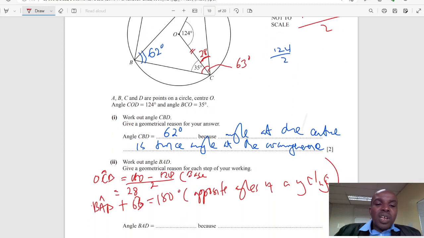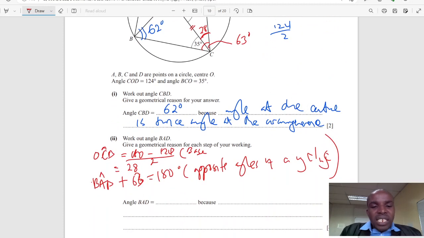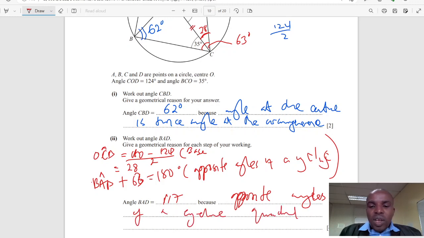So it will just be BAD is 180 minus 63. You get 117. So it's 117 because angles of a cyclic quadrilateral are supplementary. They add up to 180 degrees.